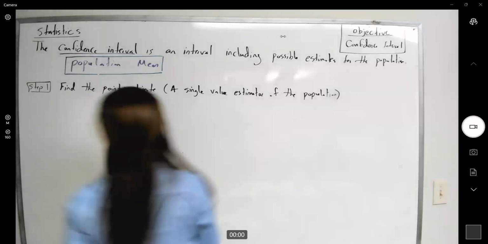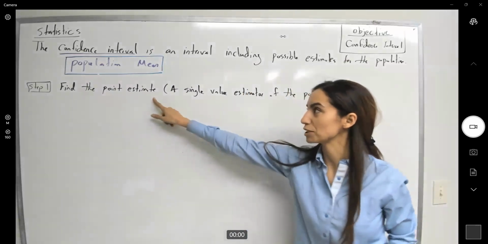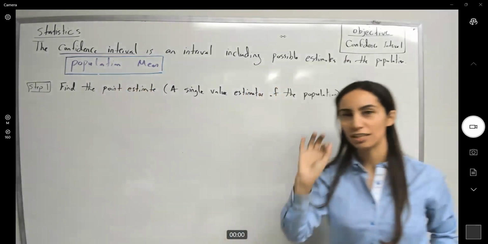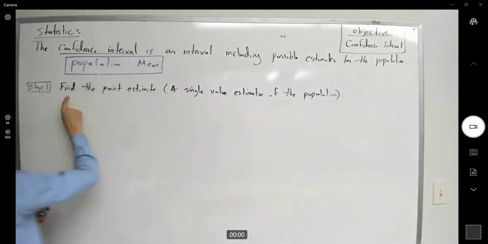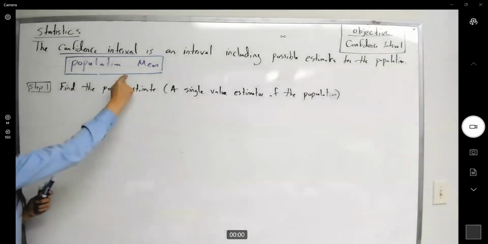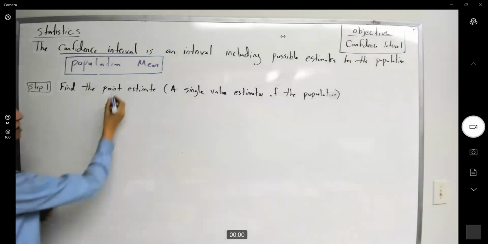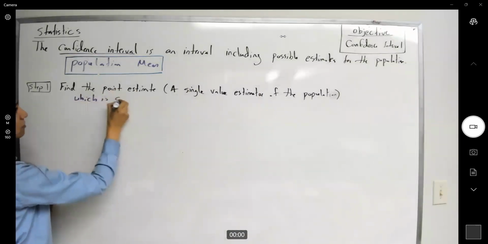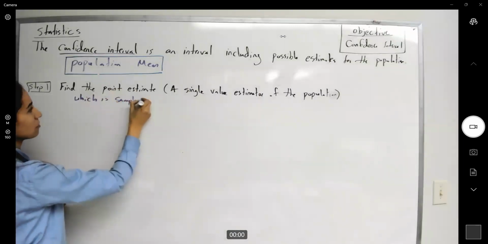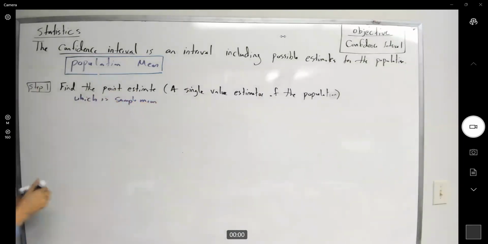The best point estimate for population mean is the sample mean. So in step one, I need to find the point estimate for population mean, which is the sample mean.